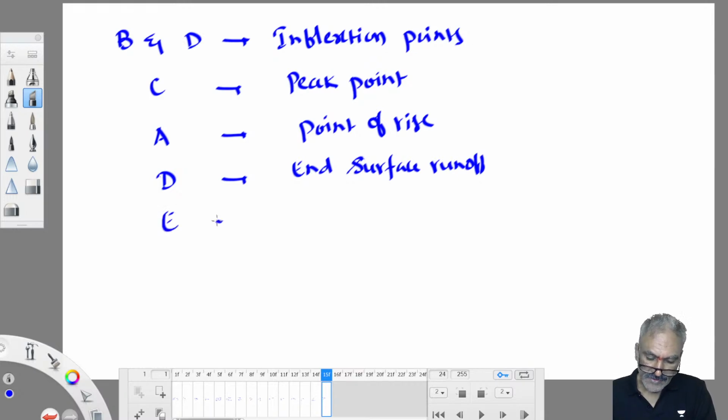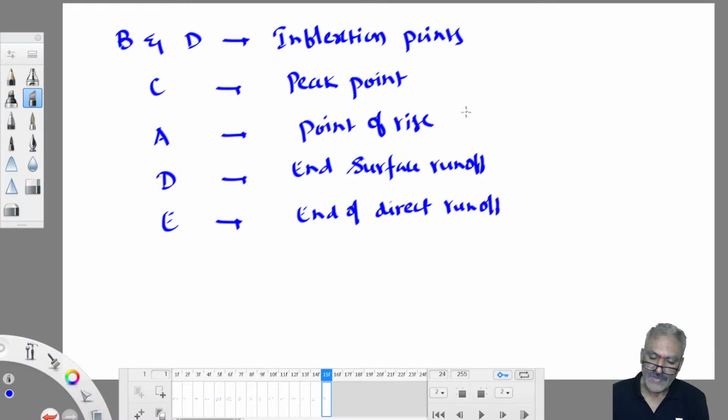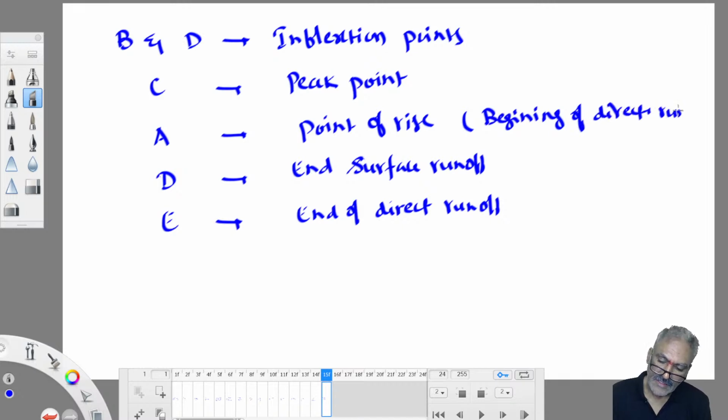The direct runoff stops at point E, the end of direct runoff. That means interflow also stops. Point of rise means this is the first drop, the beginning of direct runoff. So direct runoff joins first at point A, that is surface runoff. So the end of direct runoff is at point E.